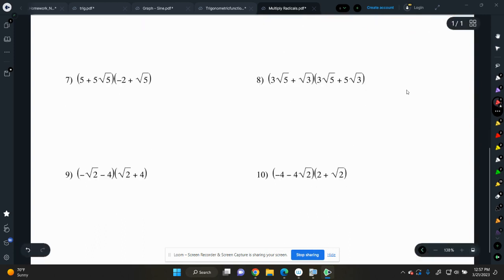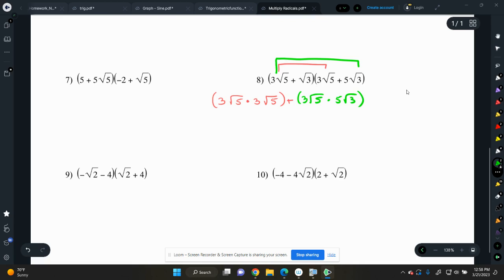Okay, let's do number 8 together. Let's do number 7. Okay, I'll do 8 and come back to 7. All right, so we're going to distribute. So we have 3 square root of 5 times 3 square root of 5, plus, we do it in different colors, maybe that'll help, 3 square root of 5 times 5 square root of 3.